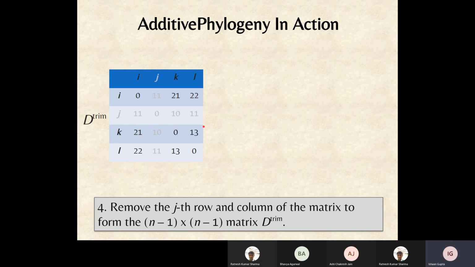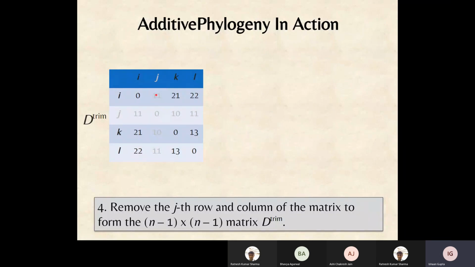You now create what's called a trimmed matrix, because you know that the distance of j to some internal node, let's call that internal node M, is 2, based on the limb length theorem. So you've already removed that part of J that is connected to the internal node.